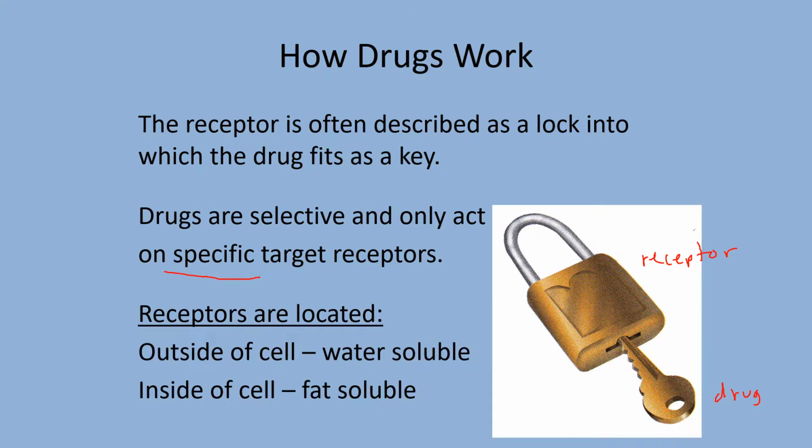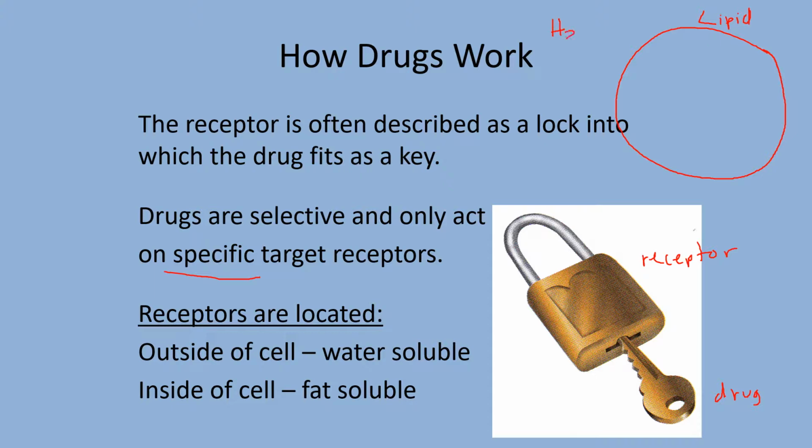Receptor site. So there are two basic sites where the drug receptors will be. So if you recall from anatomy, what's the cell wall made up of? Lipids, right? So it's a fat structure. And our body's mostly water.